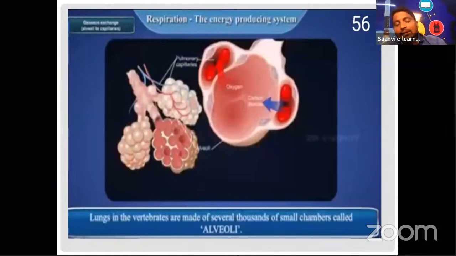Next, lungs in the vertebrates, as we have discussed just now, are made up of several thousands of small chambers called alveoli. Here, look at the screen. On the left side, the alveolus is given clearly.